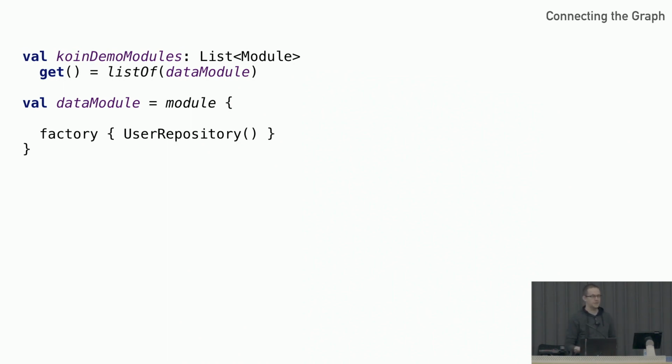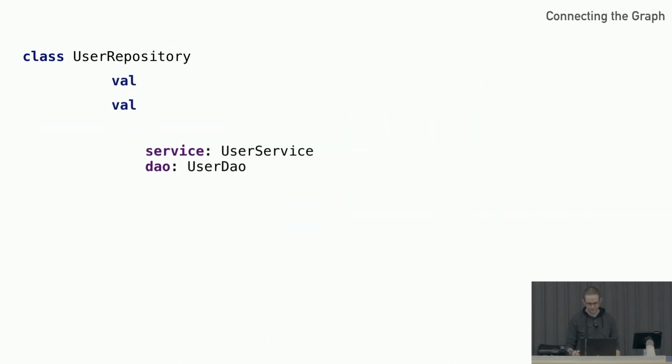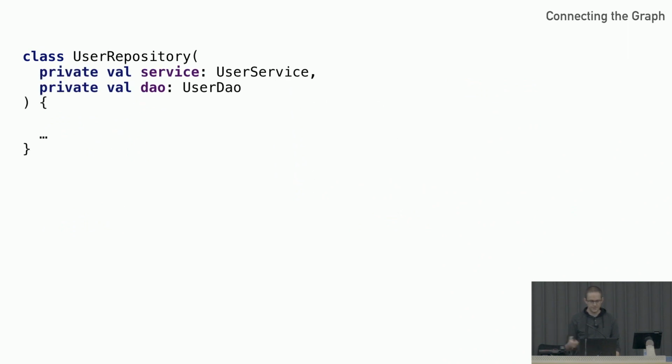This is similar to, again, in Dagger, using includes in a definition. Same thing. Now, since Koin demo modules is already being added to the Koin application, now the data module is part of the dependency graph. But this repository has dependencies of its own, right? We were hard coding them before, and we can clean this up considerably. We can move the service and the DAO into the constructor.